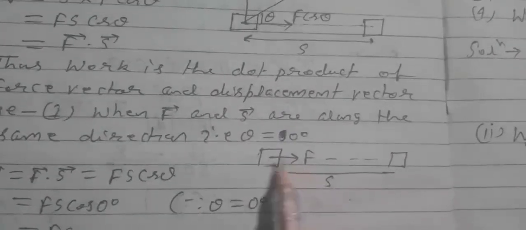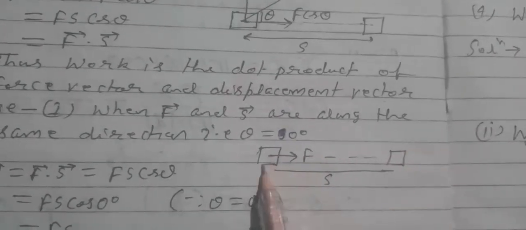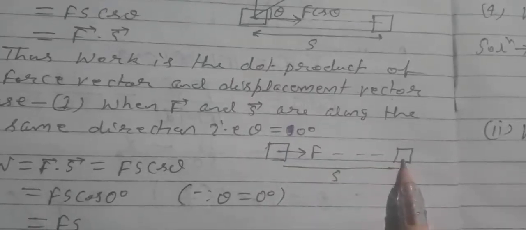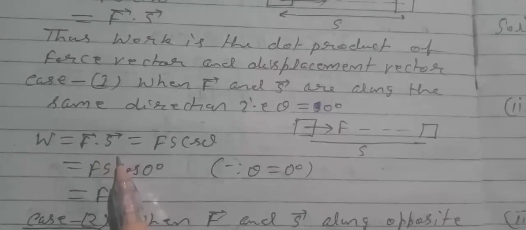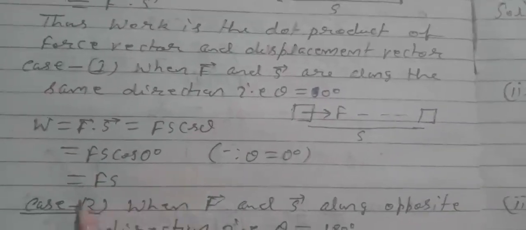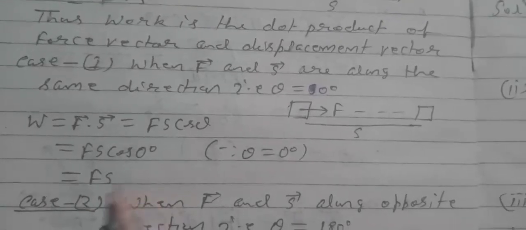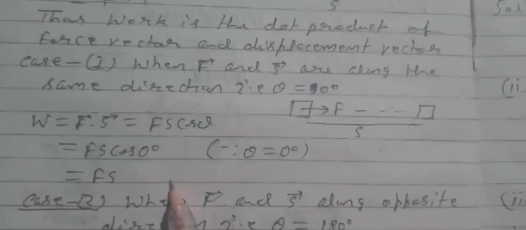The situation is shown here. Force is applied in this direction and the displacement is also in this direction. So we can write W equals F vector dot s vector equals Fs cos theta equals Fs into cos 0 equals Fs. So the work will be F into s in this case.